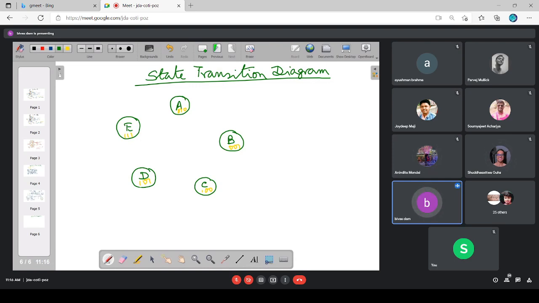Now what is the input variable name as per my logic circuit block diagram? X. What is the output variable name? Z. So when you are in state A, the two possible values of x are x is equal to 0 and x is equal to 1.